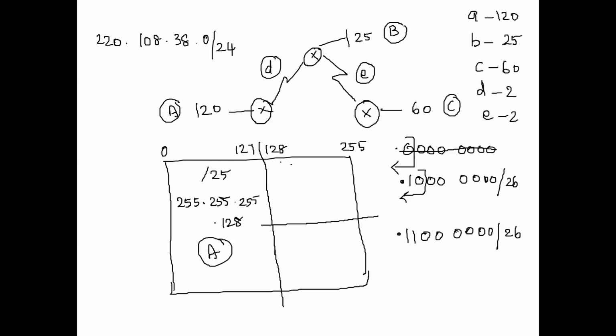Now this is 128 and the last IP is 191, and this is 192 to 255. How do I get these numbers? Convert this into decimal, you will get 128. And when you put 10 and all 1s, you will get the last number. Similarly, this is 192 to 255.